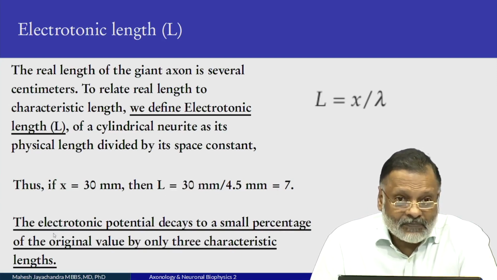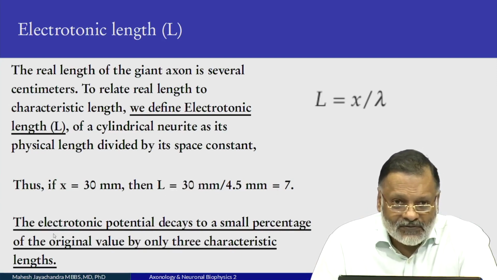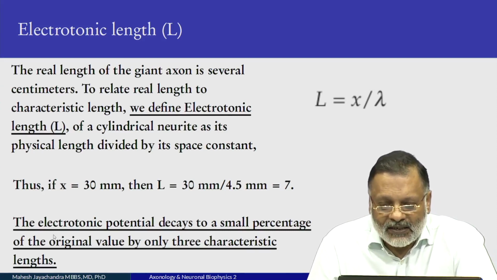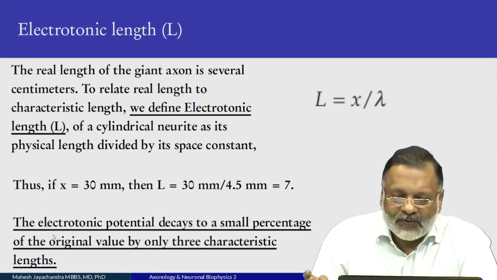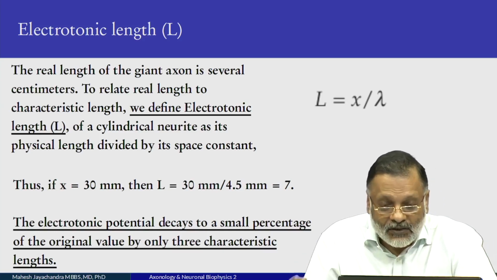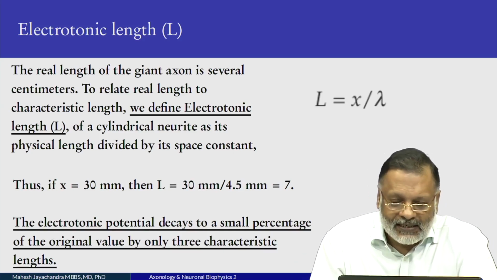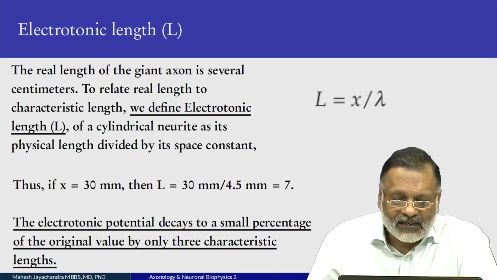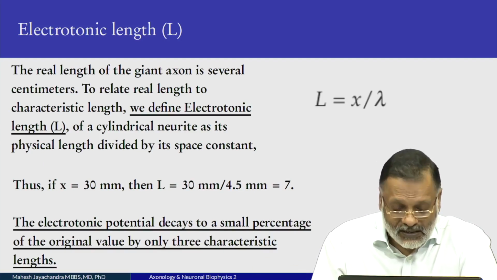The electrotonic potential decays to a small percentage of the origin value by 3 characteristic lengths. This has implications when you are stimulating a nerve. You can stimulate a nerve, and for whatever reason, experimental conditions, it goes down. You can move by 3 characteristic lengths, and then you have a brand new zone to stimulate, and the previous area does not affect the new stimulatory site.